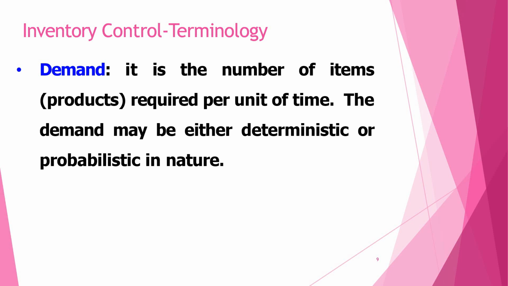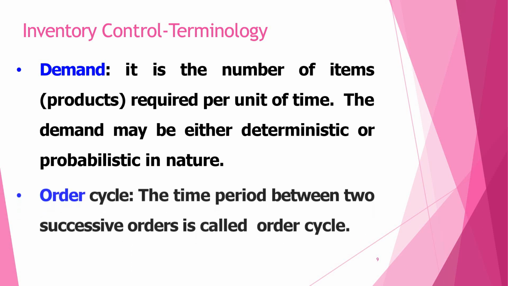First and foremost is demand. It is the number of items required per unit of time. The demand may be deterministic, that is known and constant, or probabilistic in nature, that is unknown, and may be computed through experience using probability distributions.